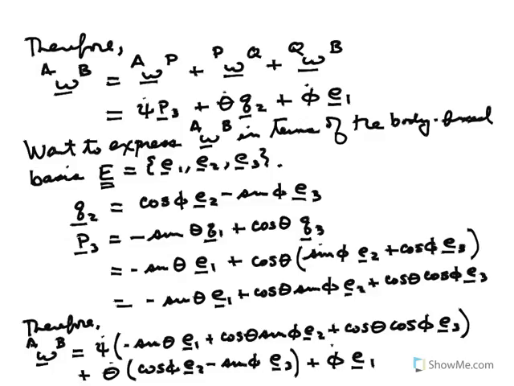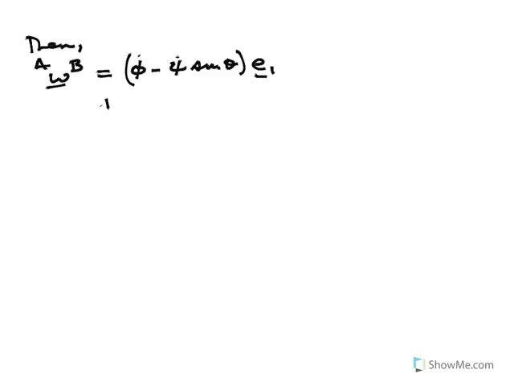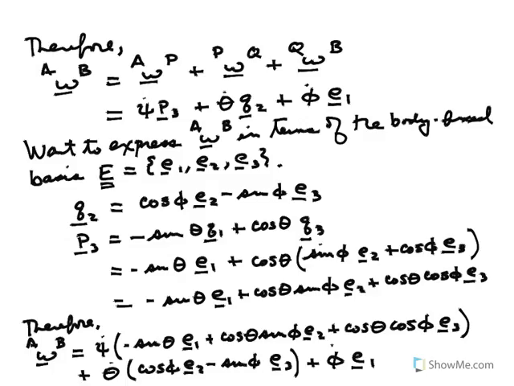So omega BA is equal to, let's gather all the E1 terms. We've got phi dot minus psi dot sine theta. This whole thing is multiplied by E1.